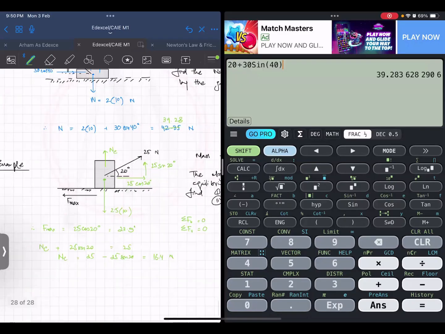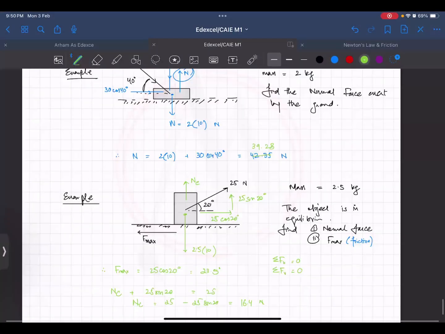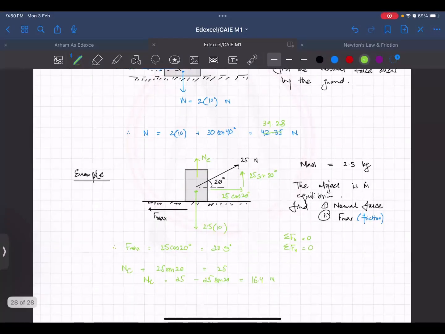Okay, this is how you would resolve forces now in an application based question. In the previous chapter, you just had arrows, the force vectors, that's it. Now they are related to a situation. Now there's a box, a car, a train, a plane, anything.